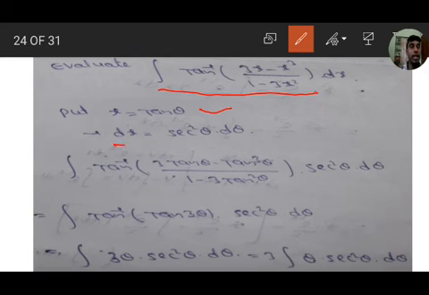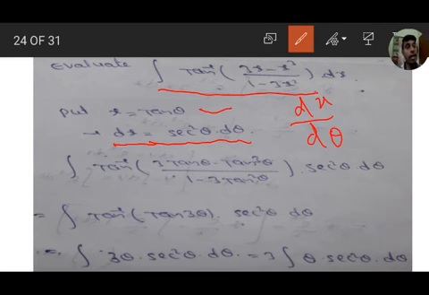What is dx? The derivative of x equal to tan theta is dx by d theta equal to sec square theta. So dx equal to sec square theta d theta.